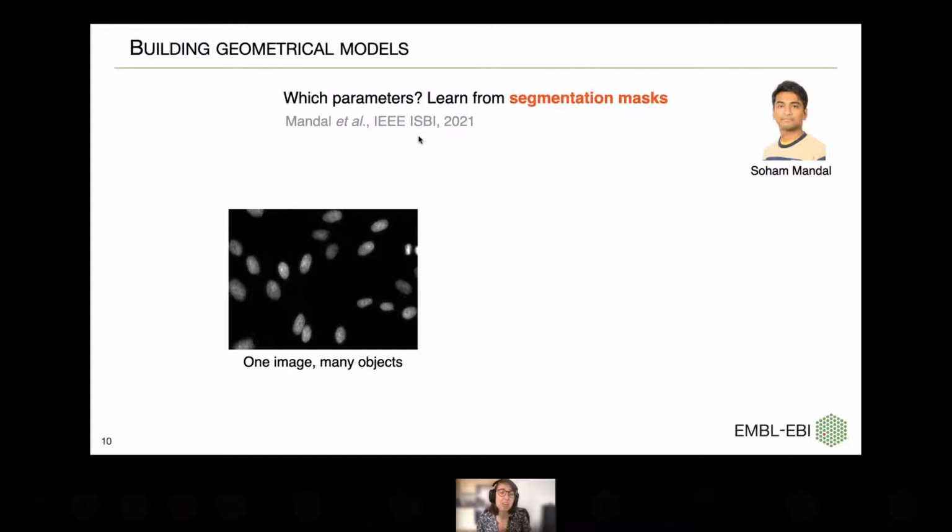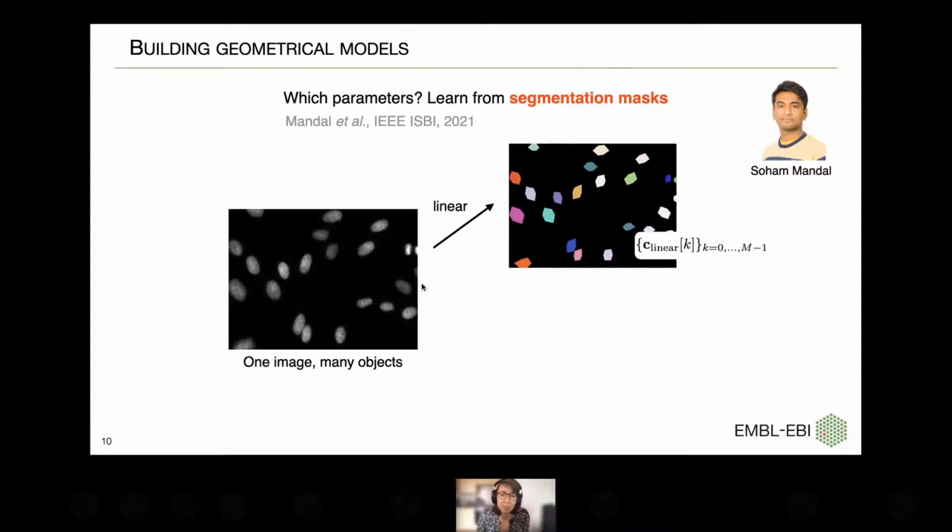Essentially, we have approached that with a neural network by adapting a popular segmentation method called StarDist. This SplineDist technique that we are proposing does the following. If you give it one image with many objects and tell it, I want linear models, for instance, it's going to spit out the parameters needed to approximate each of the objects based on this interpolator.